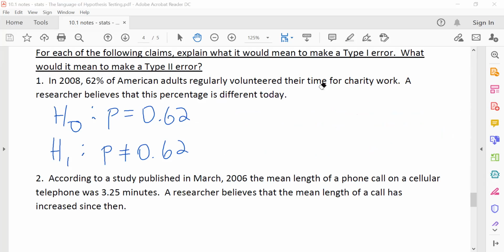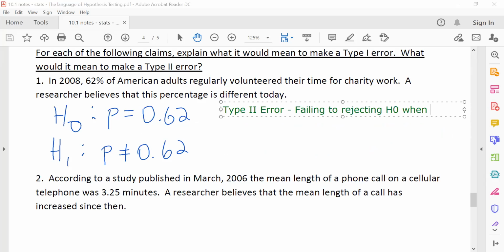A type 2 error, which is the error of failing to reject H naught when in fact it is false.